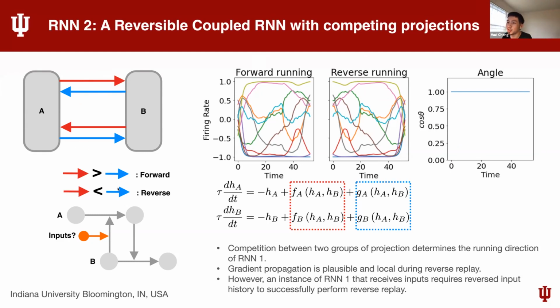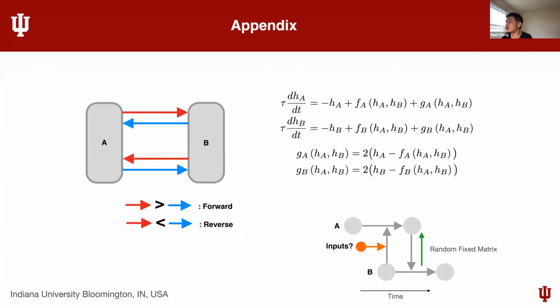But those blue projections will try to cancel these red projections, which makes the idea of detailed synaptic balance, right? If we directly look at the equation, the task of GA and GB is to cancel this FA and FB in order to implement the anti-clockwise running.